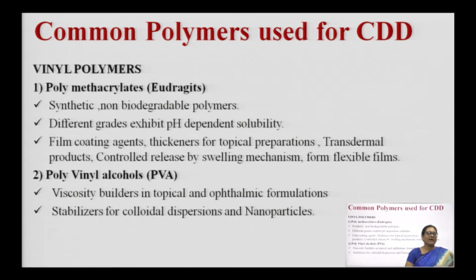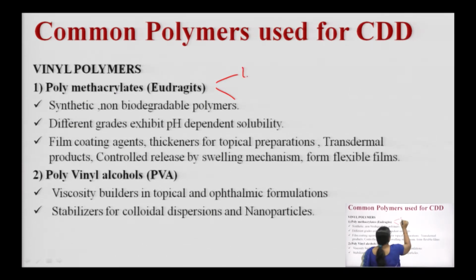Next important category of polymers are the vinyl polymers. The first example here is polymethacrylates. These are also called Eudragits. Eudragits are an important category of pH sensitive polymers and they have got several grades.